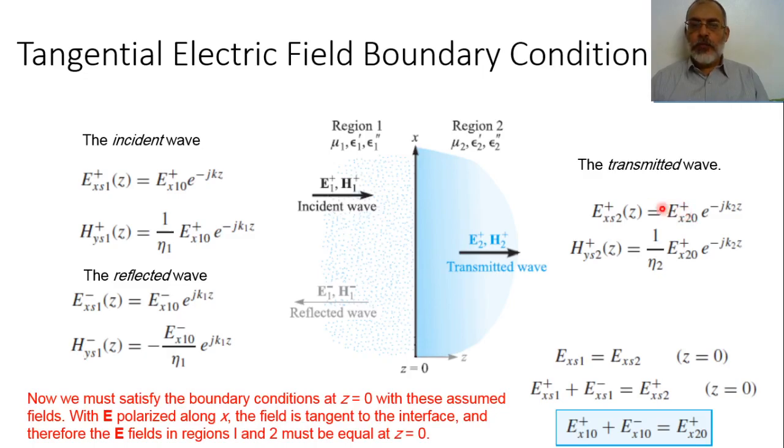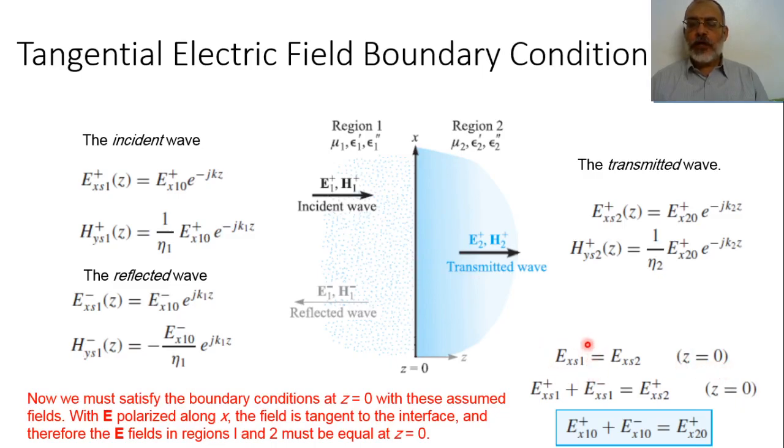So by equating the tangential field component at region 1 to the tangential electric field component at region 2, we say that Ex total at region 1 equals Ex total at region 2 at the interface z equals 0.